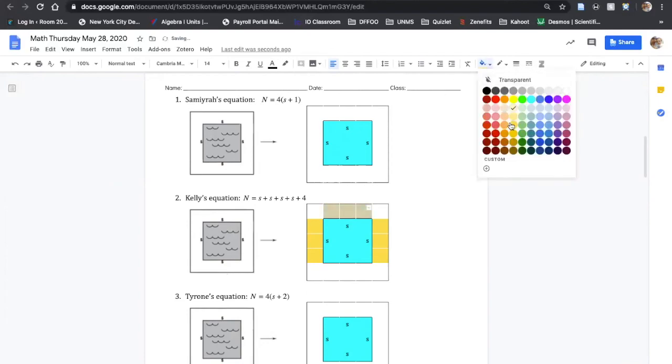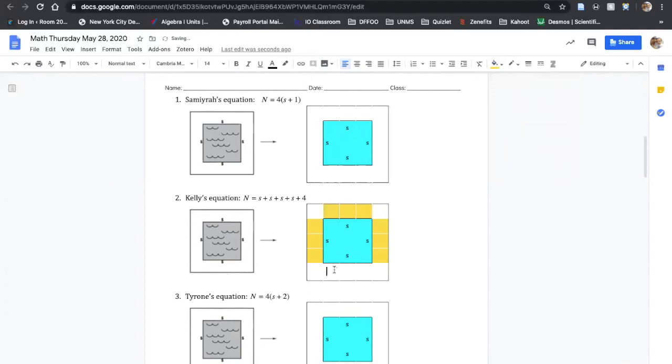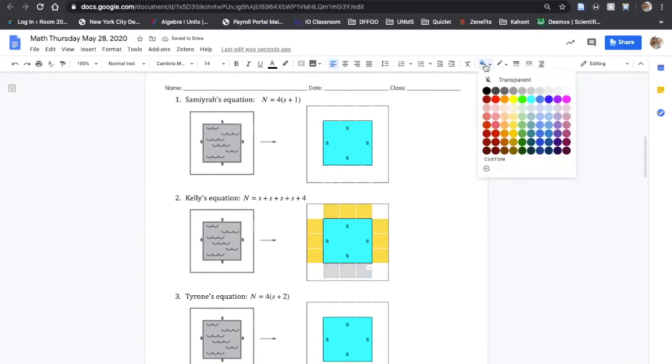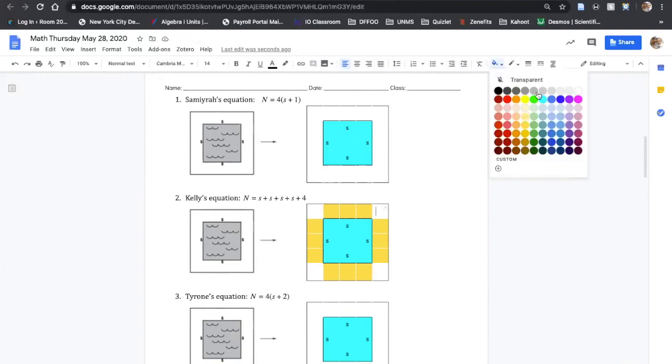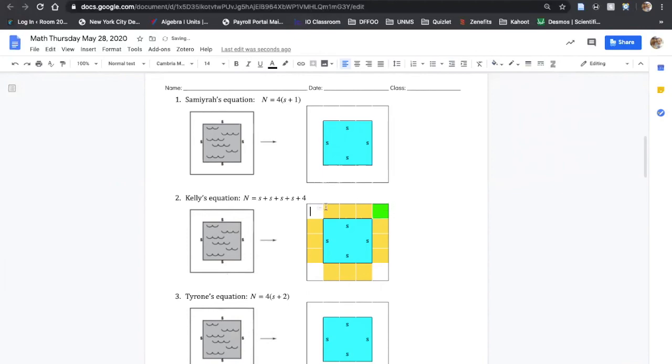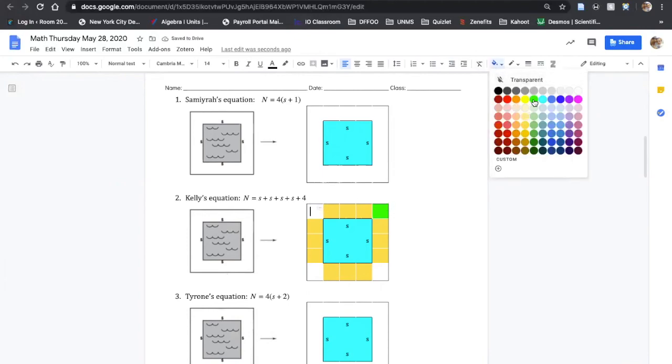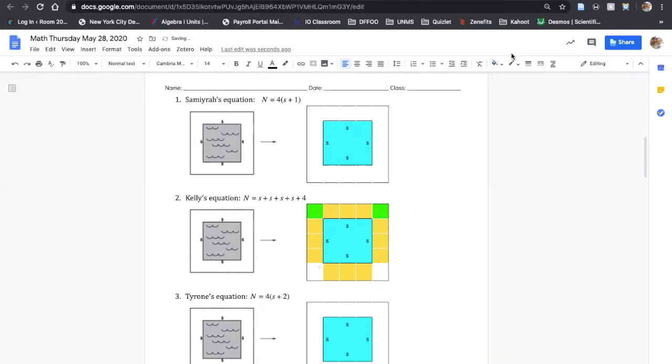Oops, wrong yellow. And this one here. And then the 4 comes from the 4 corner tiles, which I could color a different color. I could make those green. So that's a way of thinking s plus 4 plus s plus 4 plus s plus 4.